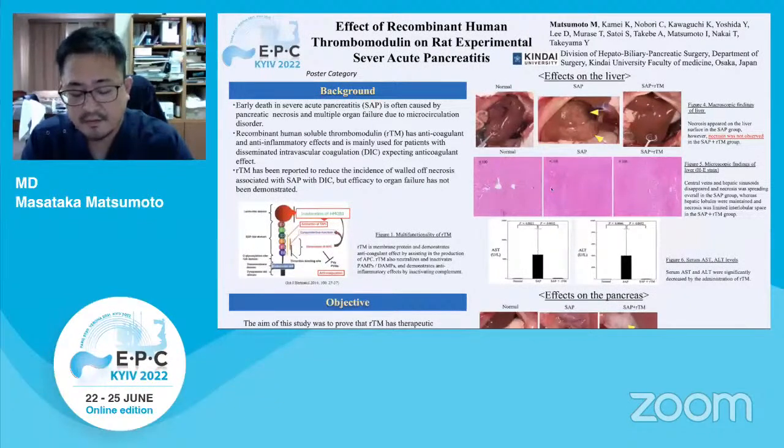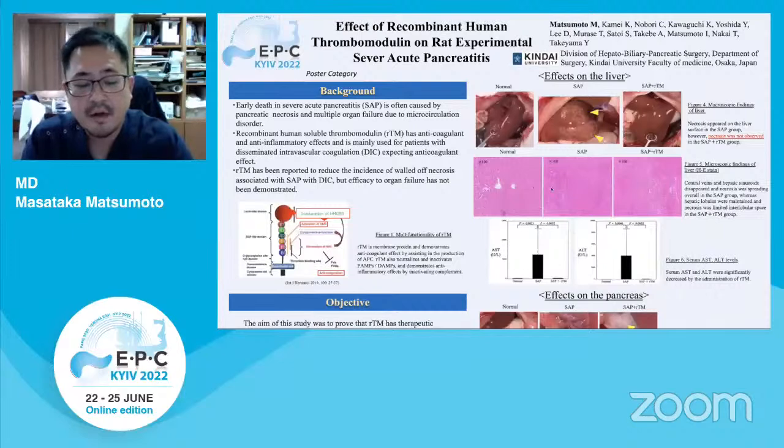Vascular endothelial cell damage was also significantly prevented in the SAP plus RTM group than the subgroup. Regarding HMGB1, it was not significant, but mean levels of HMGB1 in the SAP plus RTM group were lower than in the subgroup.